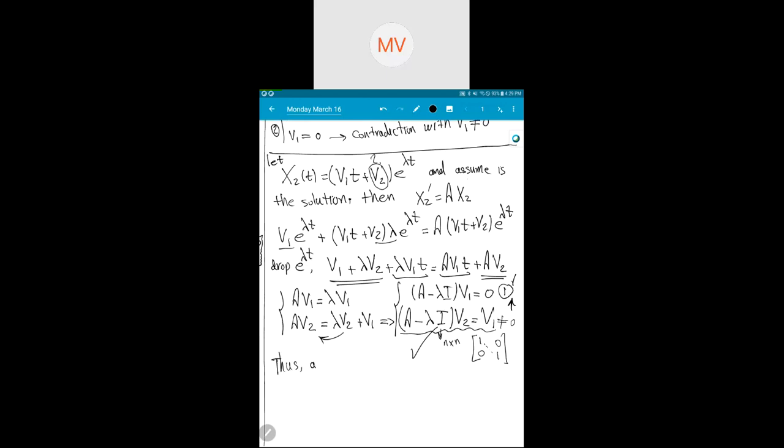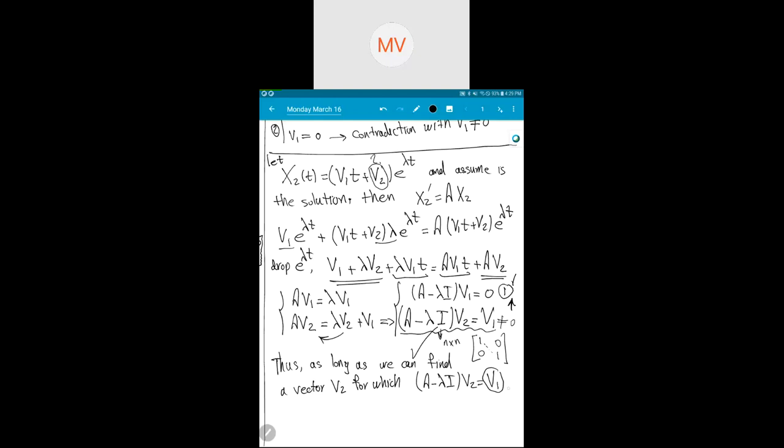Thus, as long as we can find a vector v2 for which A minus lambda I times v2 equals the vector that we already found, and we know what it is.